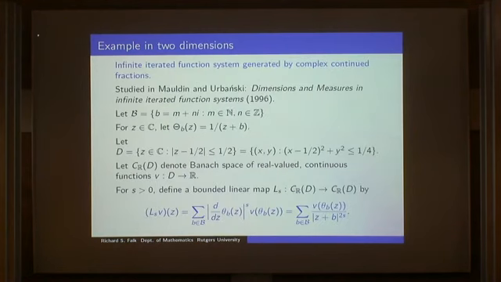Okay, so I'd like to talk a little bit about an example in higher dimensions. This was studied in the literature in 1996, and they got some results. So the idea is you have this set B, which is a set of complex numbers, and would be positive numbers, and could be any integer, positive or negative.